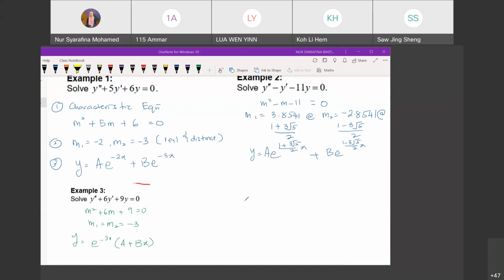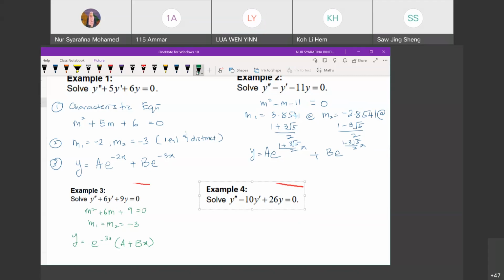Okay, the last one, complex conjugate. Look at example 4. If you have no calculator which gives you the direct answer for solving complex conjugates, you can use the quadratic formula, minus b plus minus the square root of b squared minus 4ac, over 2a.